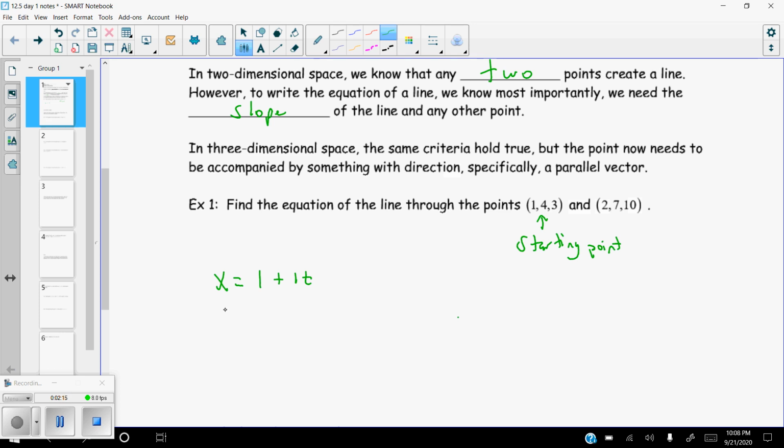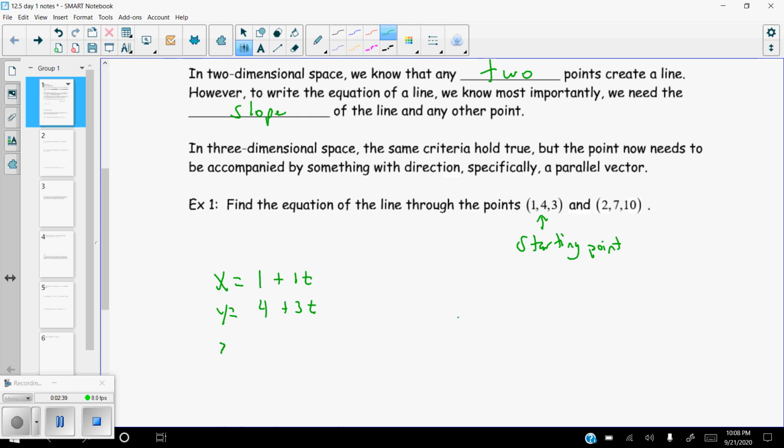And then the y part starts at 4, and then it looks like it goes up 3. So, again, it's linear, so every time it should change by the same amount. So the slope between that is going to be 3t, or the slope is 3, multiplying it by the t.